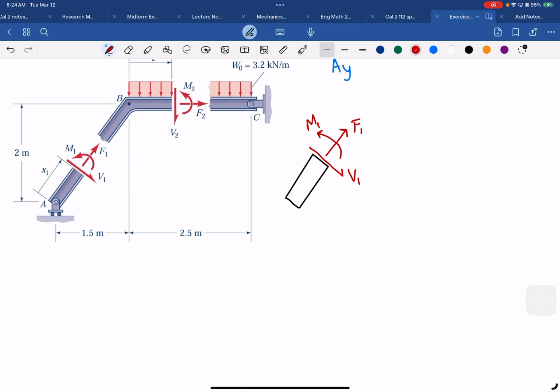So we want to know first perhaps the F1. So we could write first the equilibrium for ΣFx1, to denote this is for the first bit in between AB. This will be equal to 0.